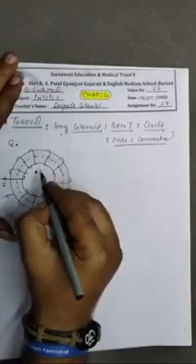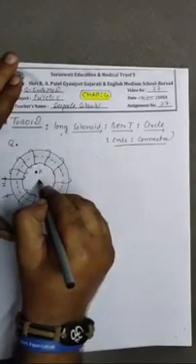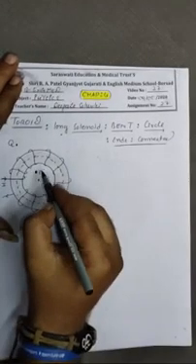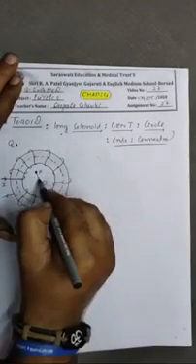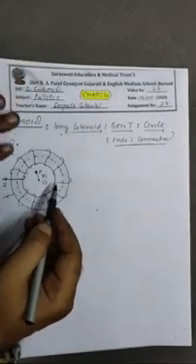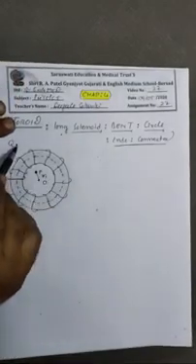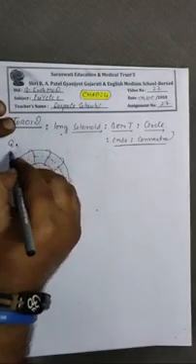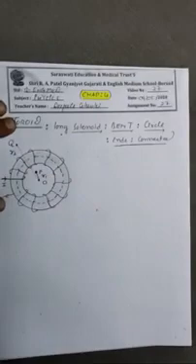Got it? So, this is the center of that toroidal ring, O. It is a point P having radius, suppose small r1. This is the point Q having radius, suppose r2. Got it?